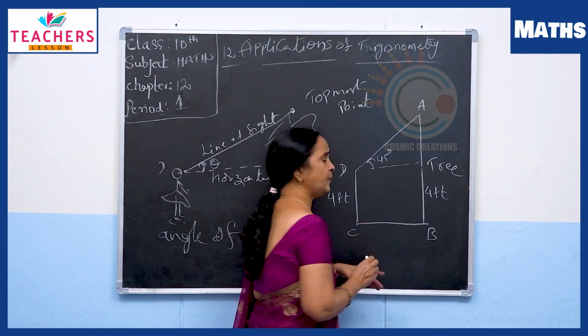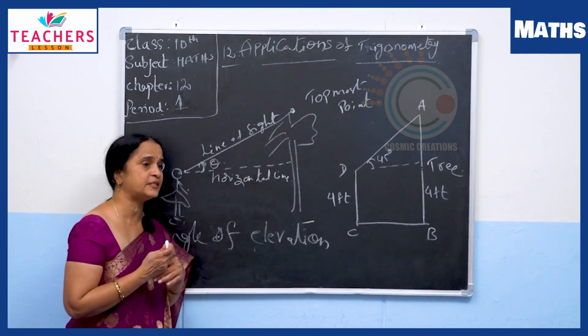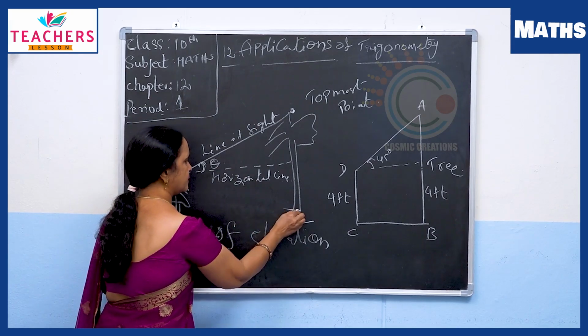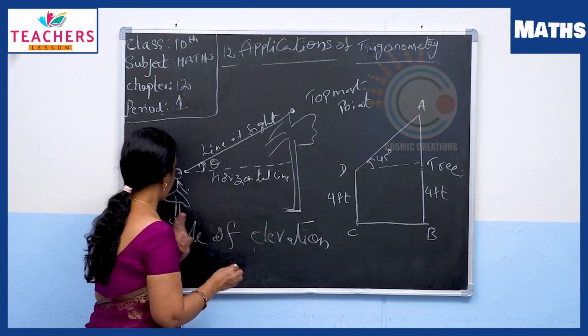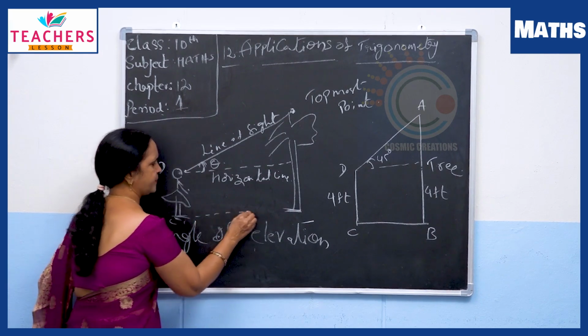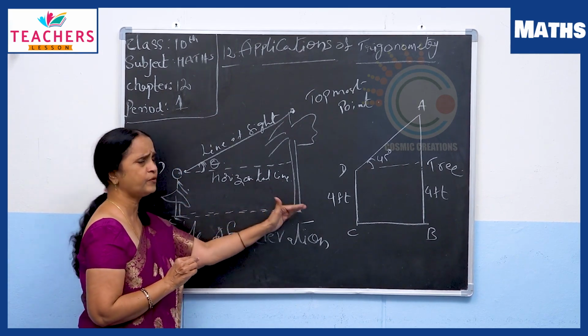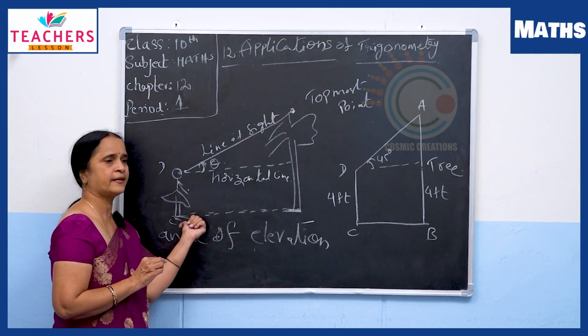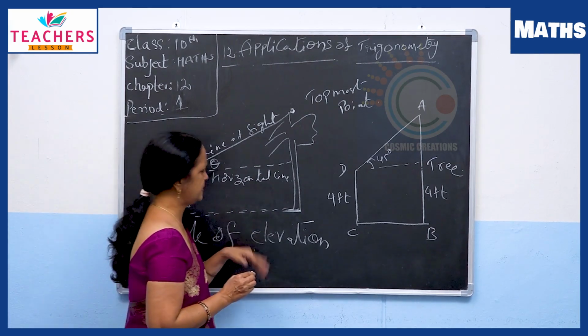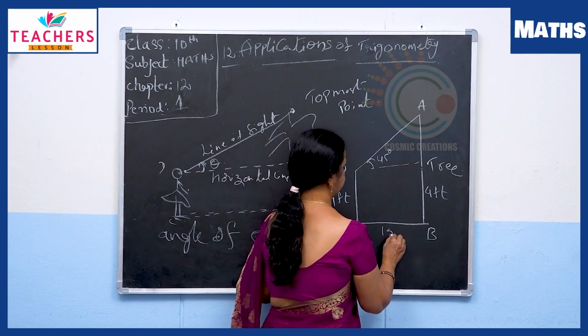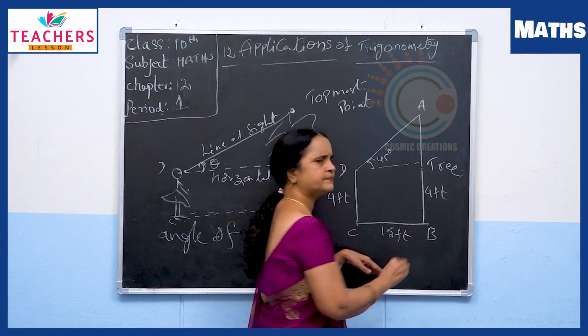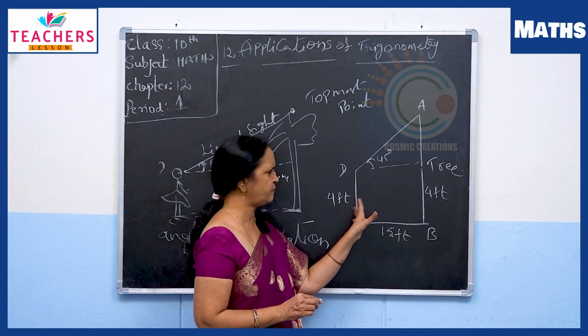Here we need one more measurement: the distance between the foot of the tree and where she is standing. If it is 15 feet, all are in feet, that's why.